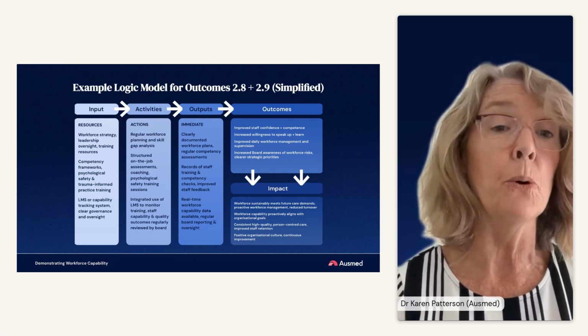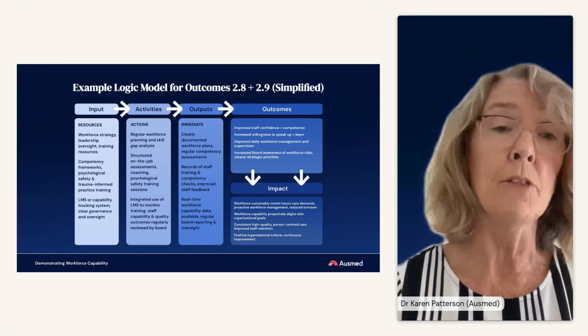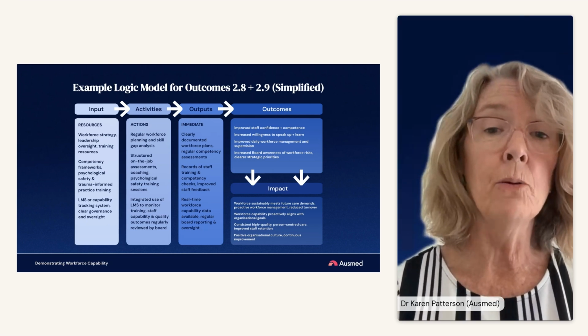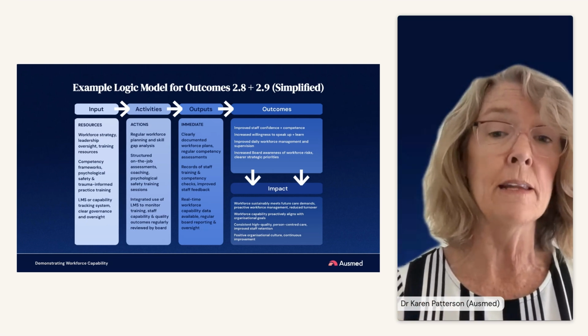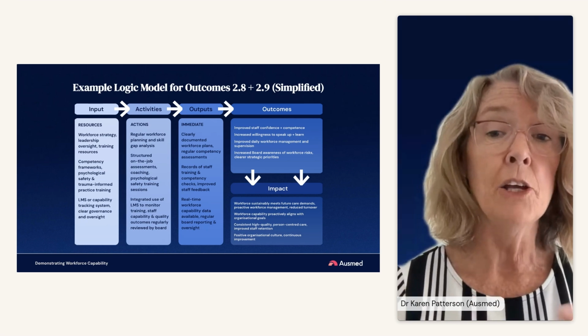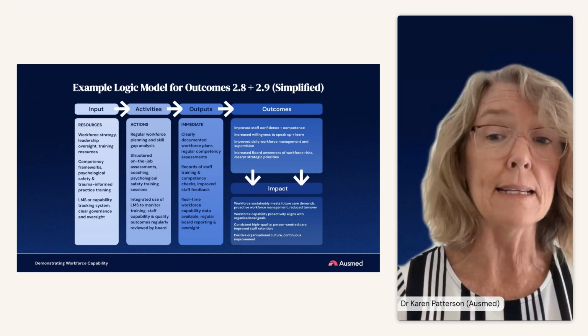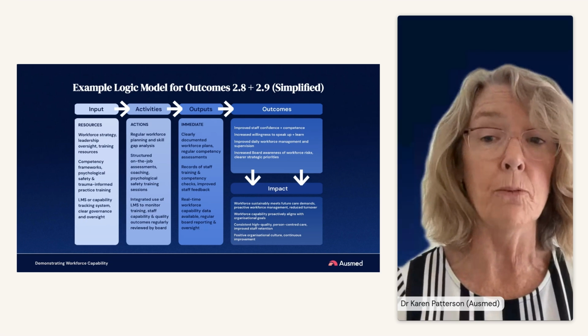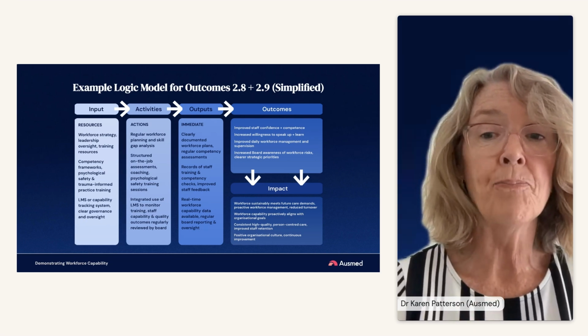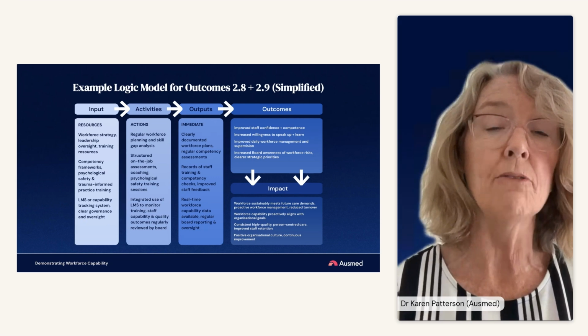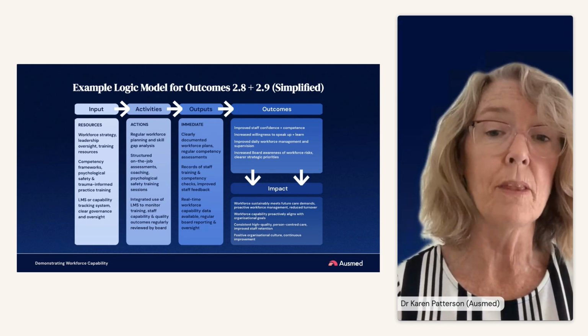It can go from the board down to the people on the floor. So under the headings of inputs and resources, for example, that's your workforce documents. Your activities would be a skill gap analysis. Your output would be a workforce plan that clearly articulates expected competencies. And your outcome is your staff are confident and competent.